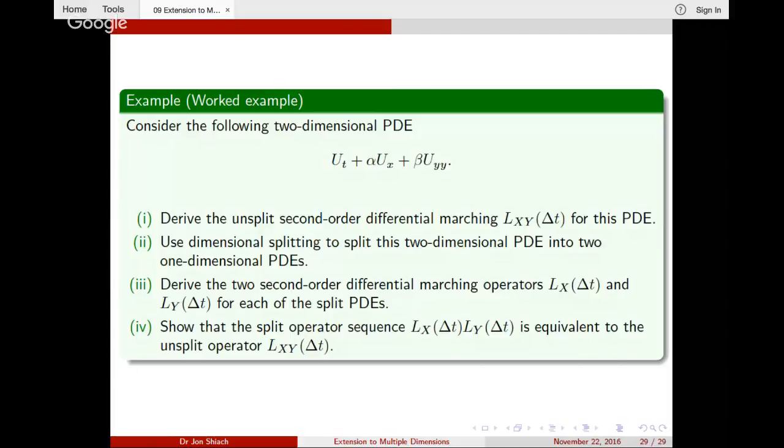Swap the order of the derivatives around. You can do that. And again, we replace the delta t u with minus alpha delta x u. Okay, and therefore we have alpha squared times delta x x u.